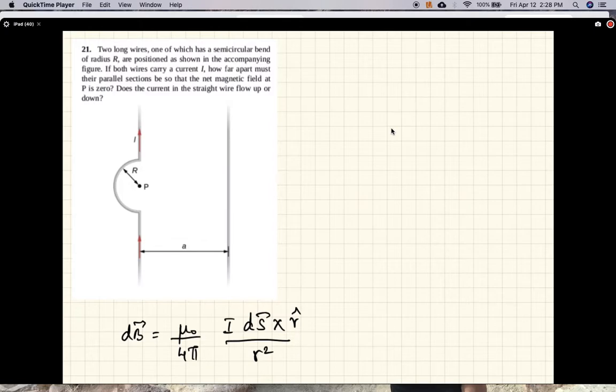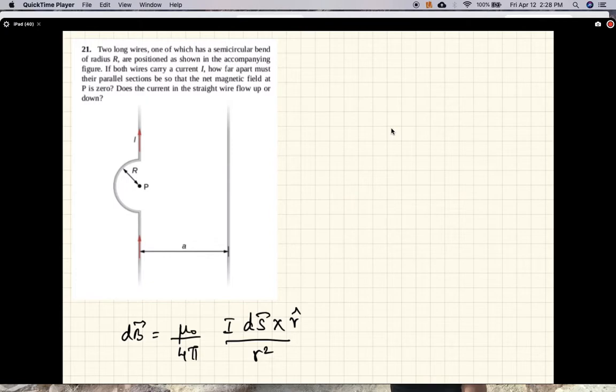And from this expression you can see that, using the right hand rule for the direction of the cross product, this straight section will not produce a magnetic field at that point. This straight section will not produce a magnetic field at that point.